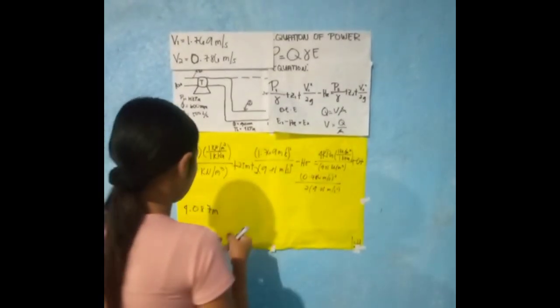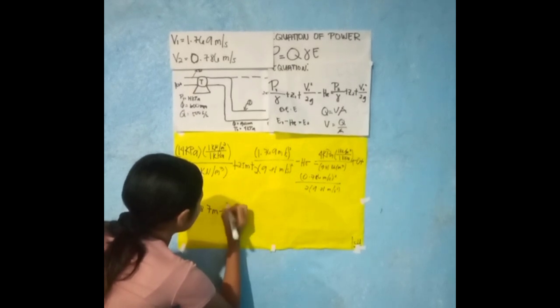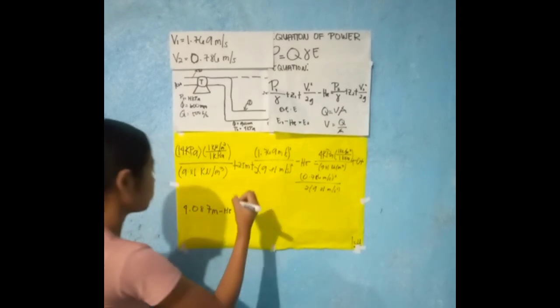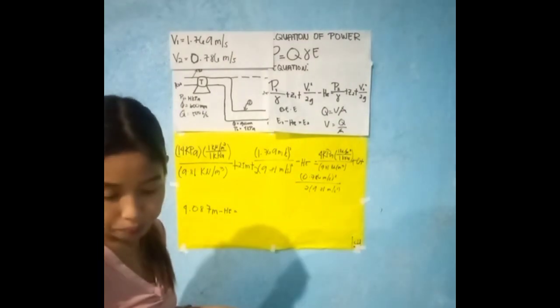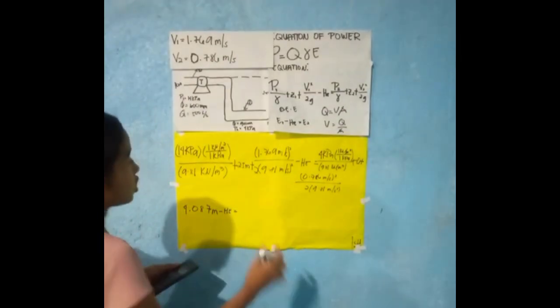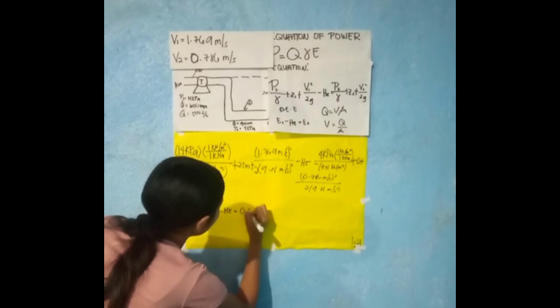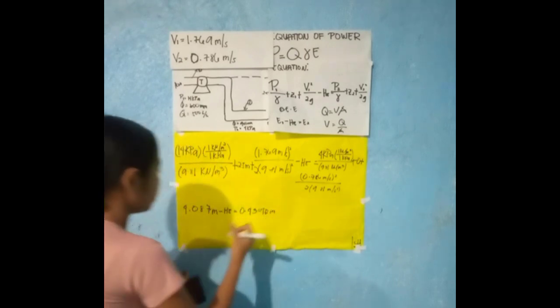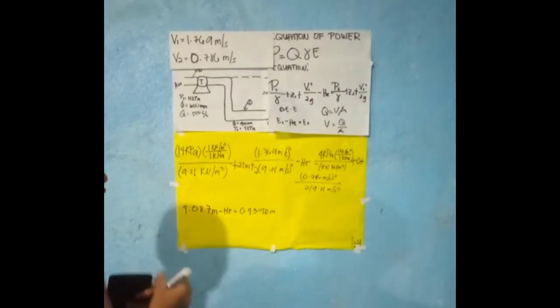So here, minus HE is equal to 0.4392 meter. Now we're going to subtract it.